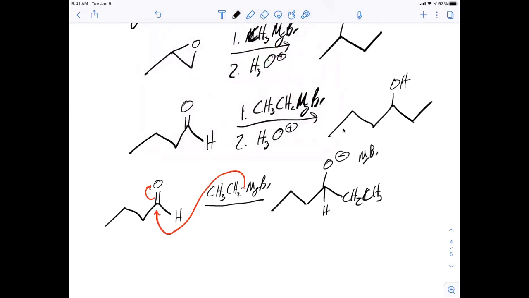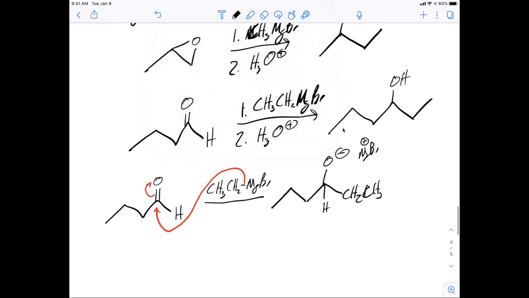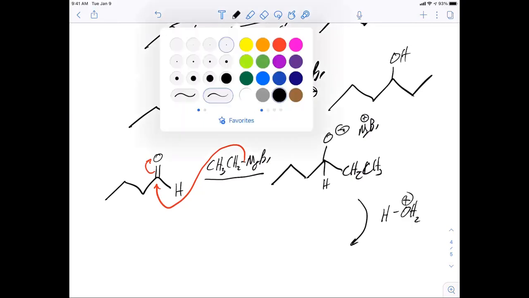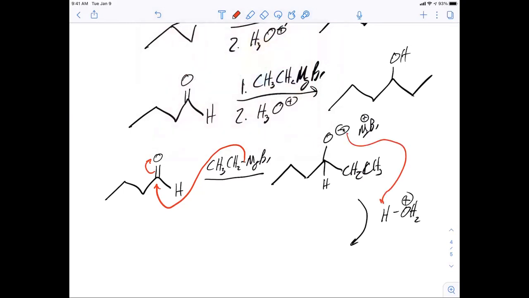Right, you can think about the magnesium being there. It's a counter ion, it's not essential. But since we have the mechanism, we can show it floating around there. Right, so that's the first step, just nucleophilic attack. And then the second step is proton transfer. So then we pick up a proton to get us to the stable alcohol.